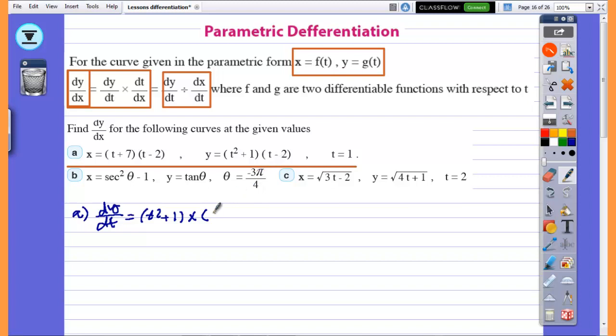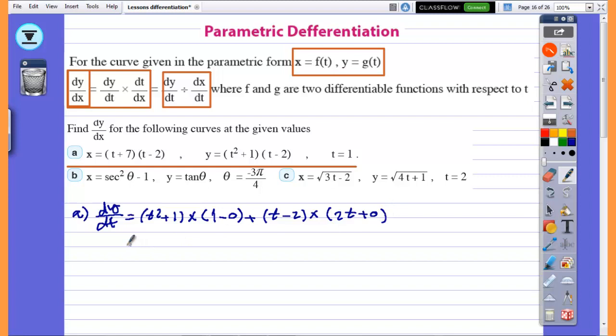The derivative of t is 1, minus the derivative of 2 which is 0, plus the second, t minus 2, multiplied by the derivative of the first function, which equals 2t plus 0.